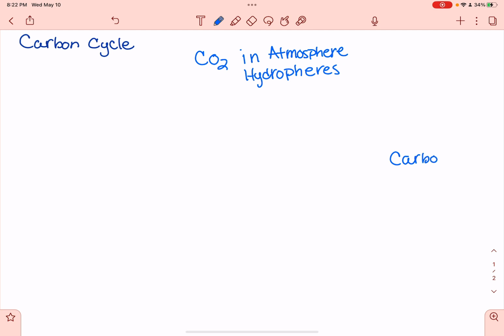So we're going to go ahead and start off with carbon dioxide in our atmosphere and hydrosphere. And I'm lumping them together because basically anything that happens in the atmosphere also happens in the hydrosphere. Then we're going to look at carbon in dead organic matter.